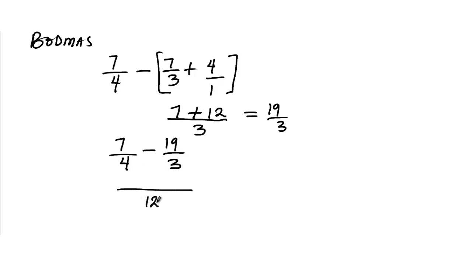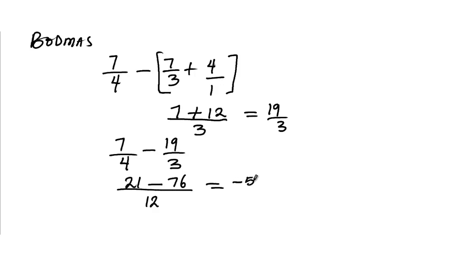So 4 in 12, 3. 3 times 7, that is 21. Minus 3 in 12, 4. Then 4 times 19 gives me 76. So if you look at this now, we have 21 minus 76 over 12. What is 21 minus 76? That'll give us minus 55.